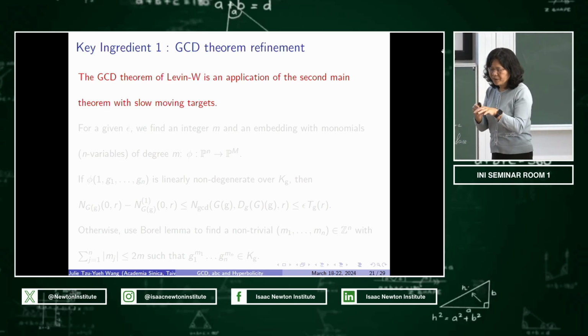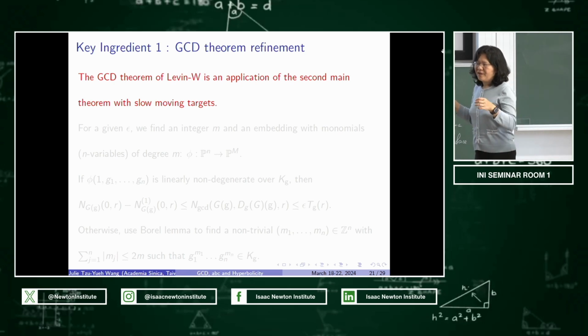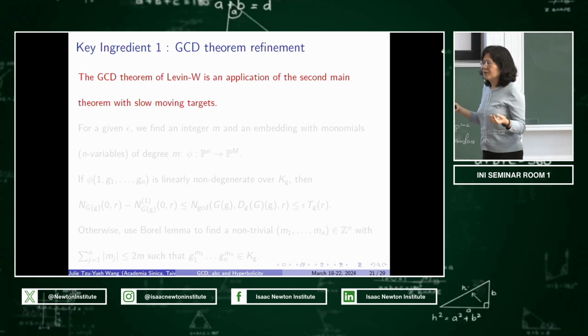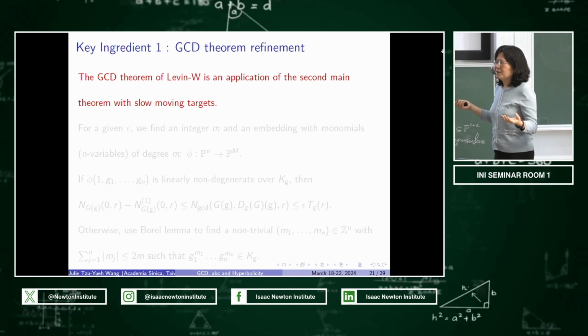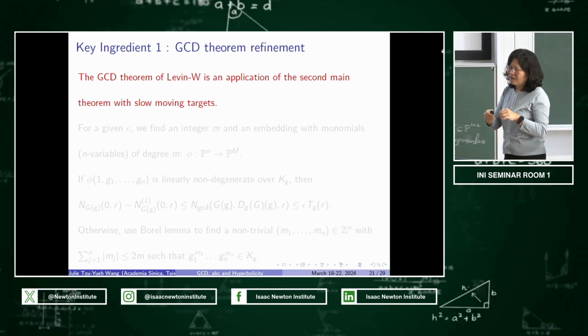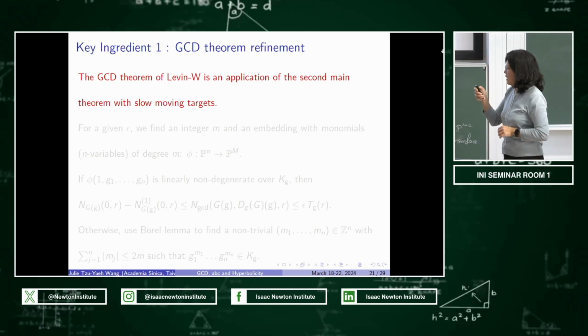You start in P^n, and things can be maybe nonlinear, and then we try to embed it to a higher degree, higher dimensional space. And then the thing you are interested in becomes linear. And then you can apply the second main theorem, because the second main theorem was for linear. But it's not so easy. You need to very carefully count the thing you are interested in. That's the hard part.